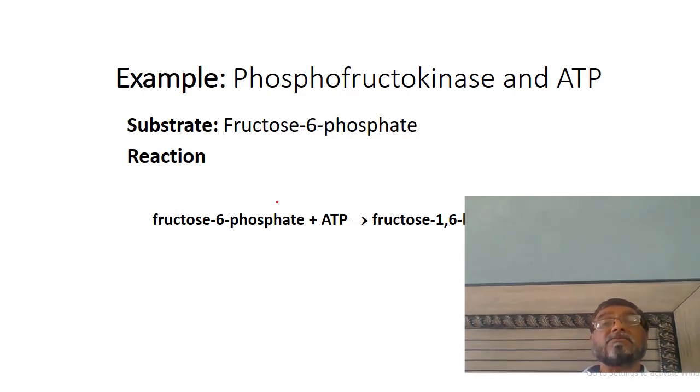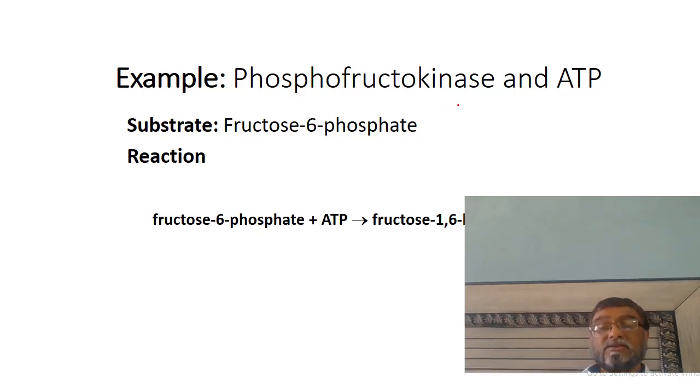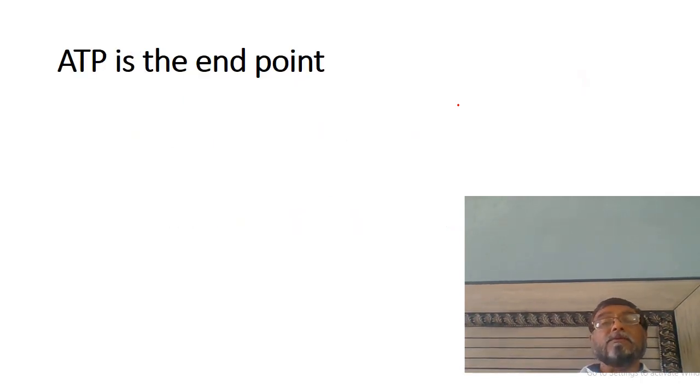Fructose 6-phosphate is the substrate. Fructose 6-phosphate in the presence of ATP is converted into fructose 1,6-bisphosphate. And this reaction is catalyzed by phosphofructokinase actually.